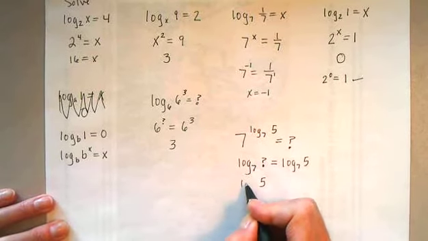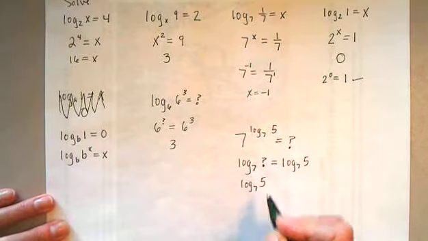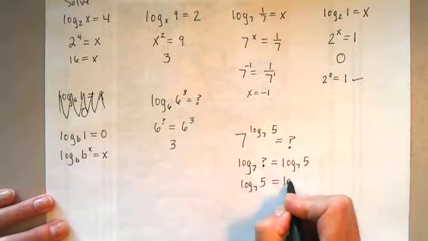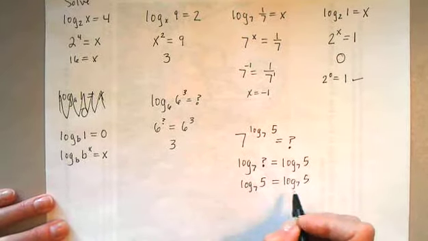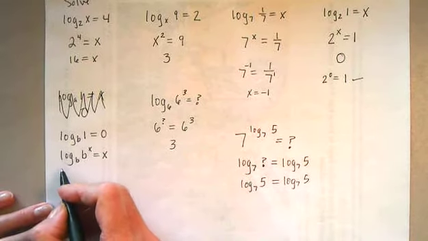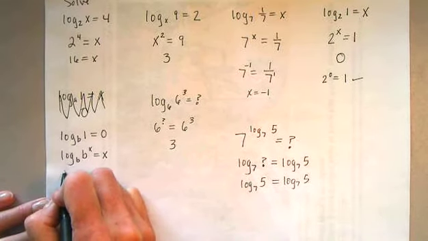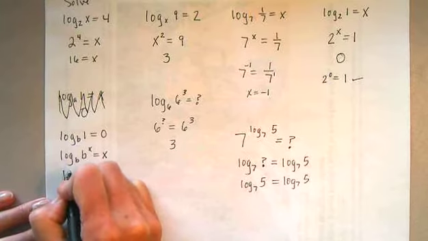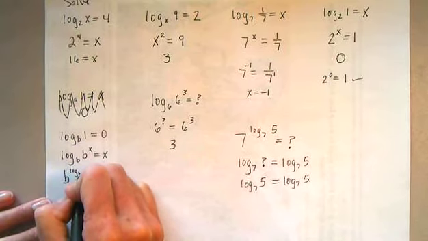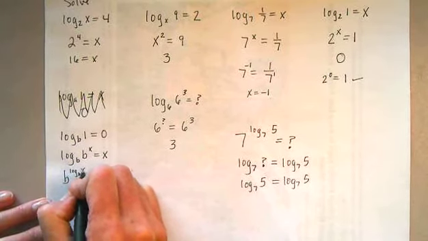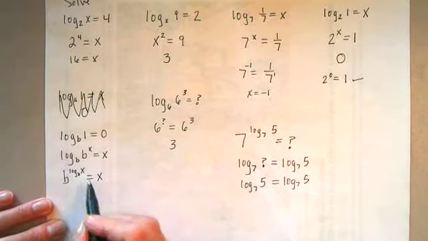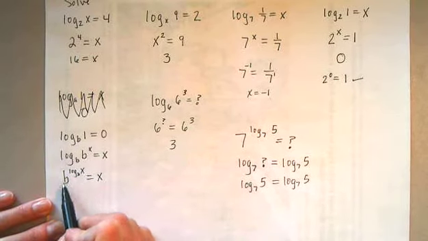Then they would both be log base 7 of 5. And that would be true. Log base 7 of 5 equals log base 7 of 5. So that's your third rule we'll write down. If you have base b and you're taking the log of that same base of something else, they will also be the same.